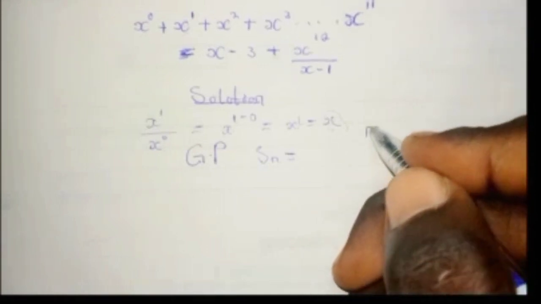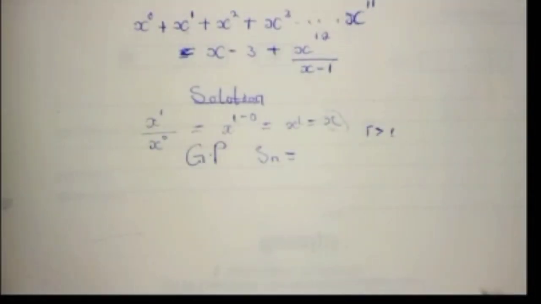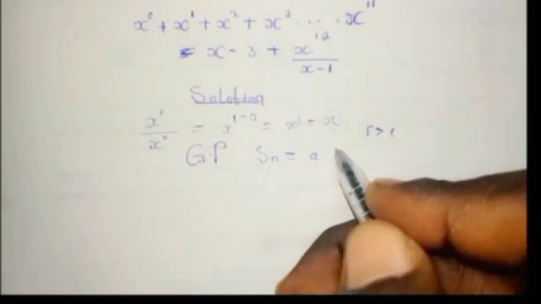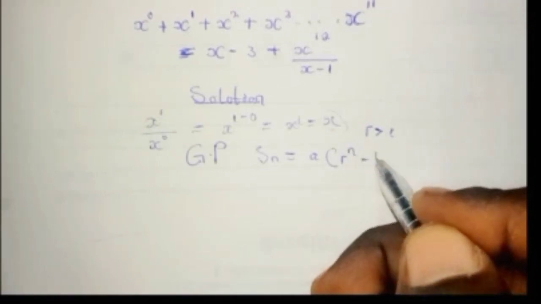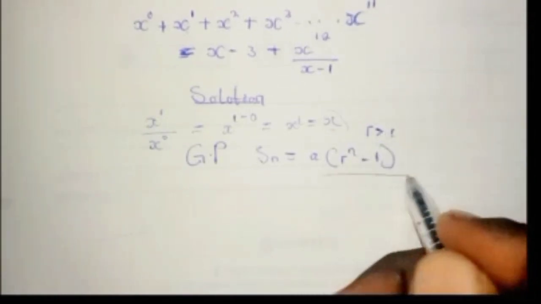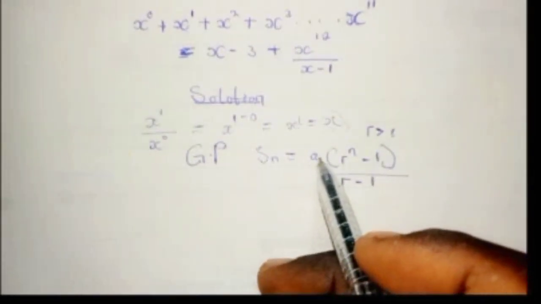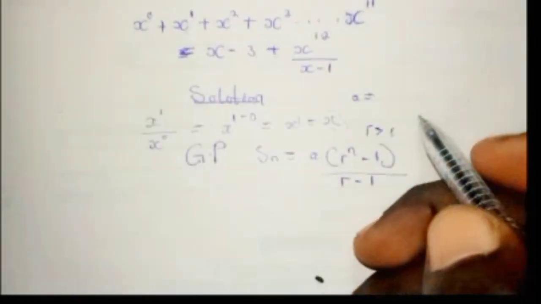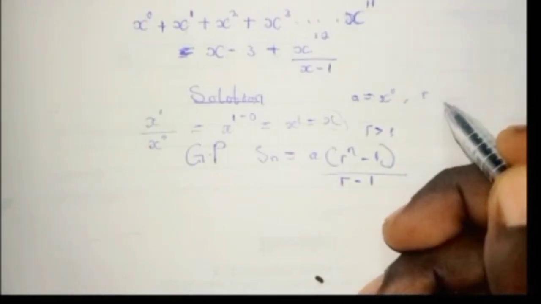And when r is greater than 1, we have a open bracket r raised to power n minus 1 divided by r minus 1. So a stands for the first term, and the first term in this question is x raised to the power of 0, while r stands for the common ratio.